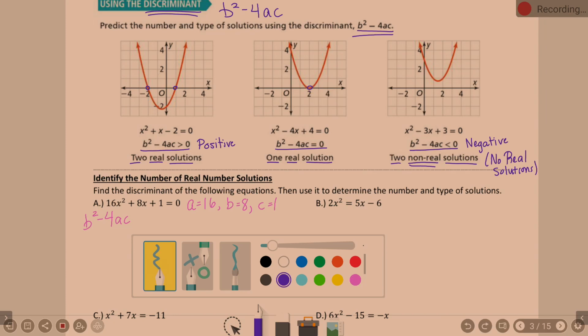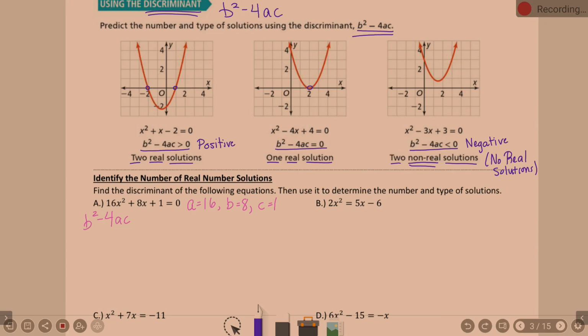If we're filling in b squared minus 4ac, fill in your numbers. B squared, so 8 squared minus 4 times A, which is 16, times C, which is 1.